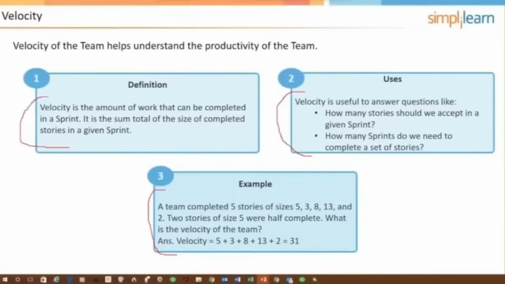And the answer is either going to be 31 or 36. 31 is the sum of the completed user stories. If you said 36, you were claiming half of the 2 that were 5. So that would be a total of 10. So you claim half of it, which would be 5, taking you to 36.